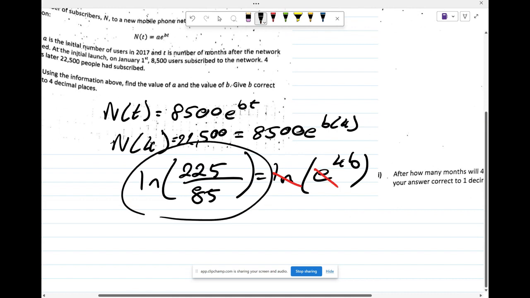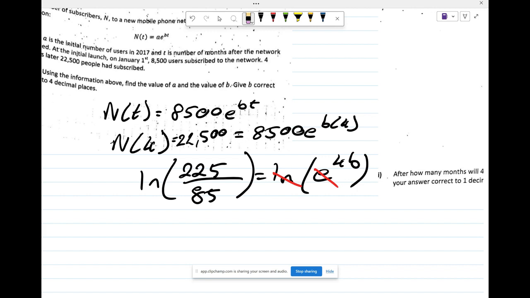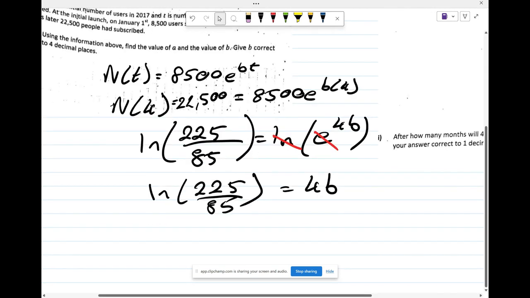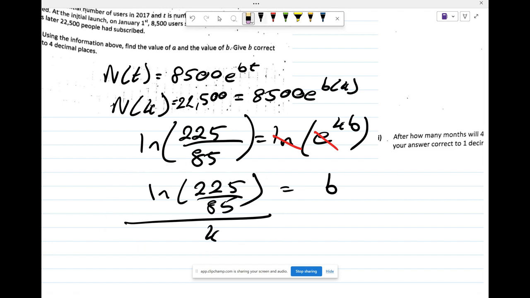This here is just a number. Why don't we leave it as it is for now, because it's kind of a long decimal. We're left with 4b on this side. So we want b, so we can just divide the whole thing by 4. And we can put all this in our calculator and get some number for b.